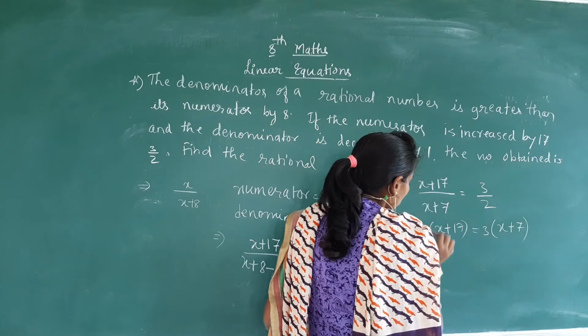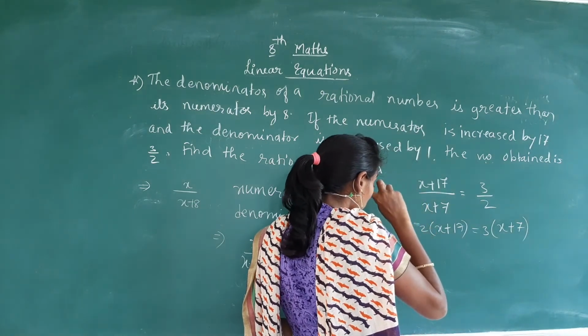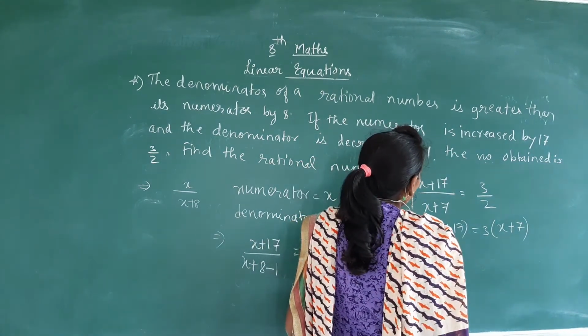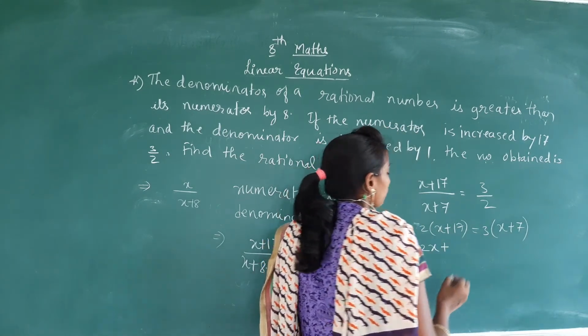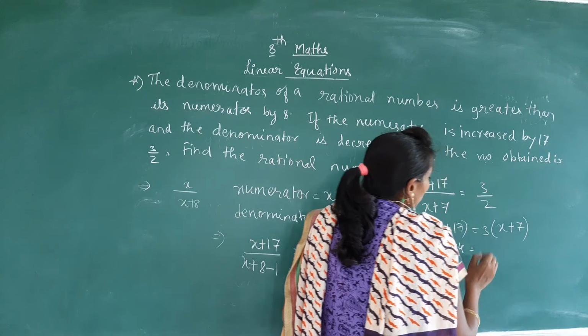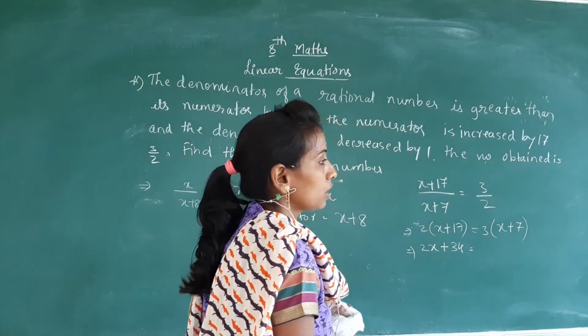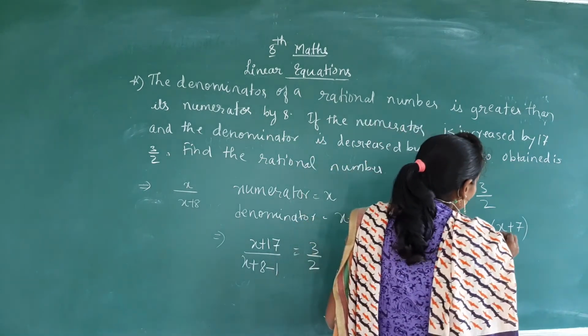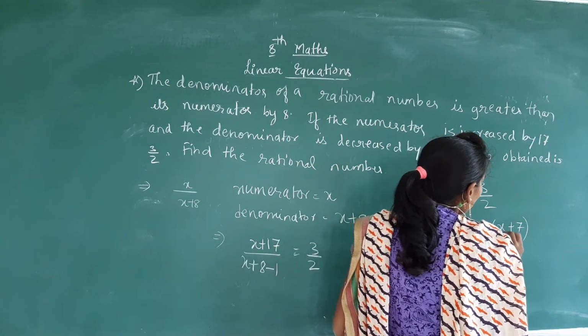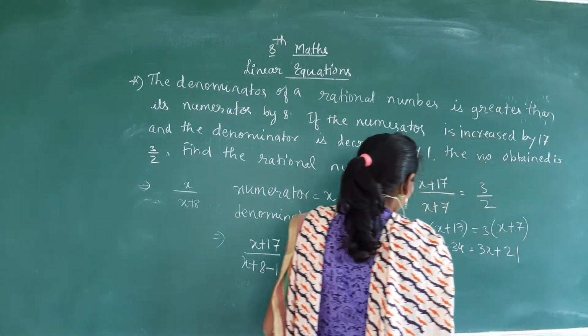2 into x: you multiply 2 to the bracket. 2 into x is 2x plus 2 into 17 is 34, is equal to 3 multiplied to the bracket x plus 7. 3 into x is 3x plus 3 sevens are 21.